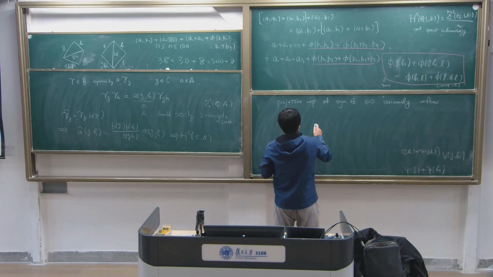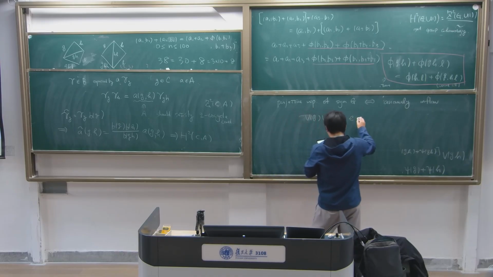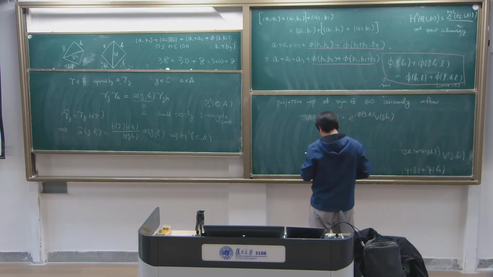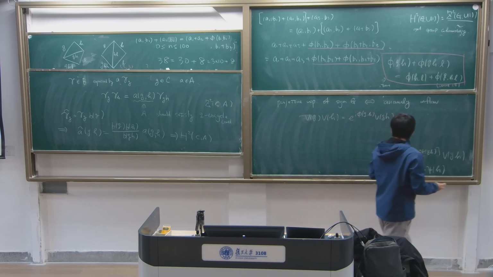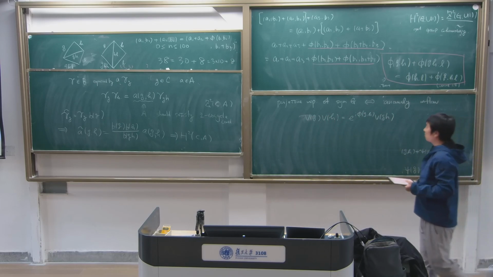So we had the following thing: U_G or V_G as H, e to the i phi, V_GH, like this way.